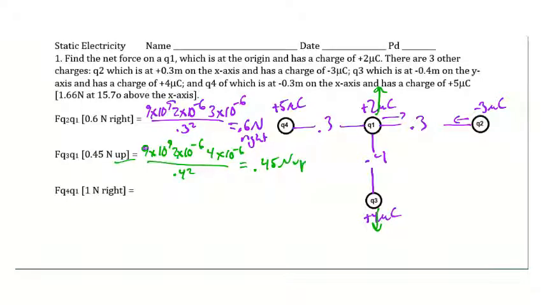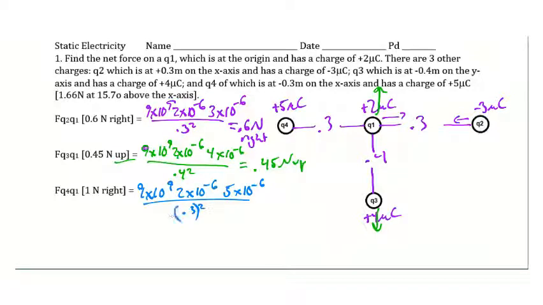And then the last one, 9 times 10 to the 9th. Charge 1 stays the same, still 2 times 10 to the negative 6 because it's microcoulomb. And this is Q4 this time, so it's 5 times 10 to the negative 6 all over the distance between them, which is 0.3 squared.